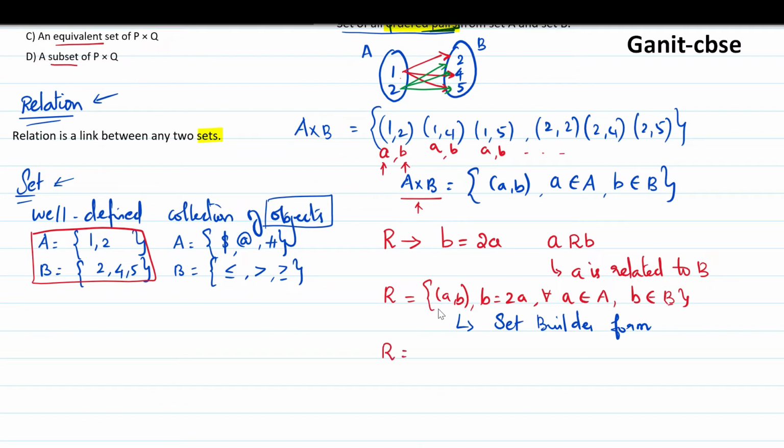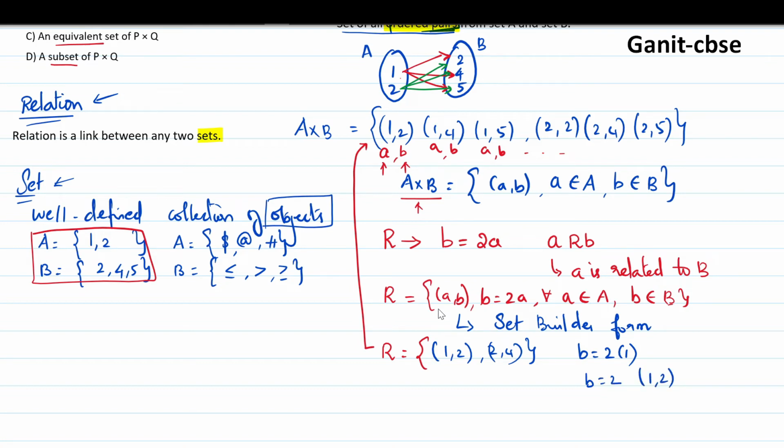I'm going to write in another form. If I want to pick the ordered pairs from the Cartesian product of set A and set B, I can write that as (1, 2) and (2, 4). Since b is equal to 2a, if I substitute a as 1, I'll get b as 2, so the ordered pair is (1, 2).